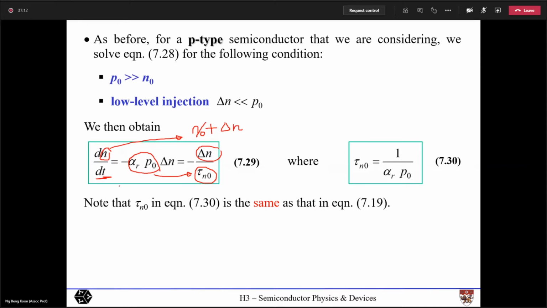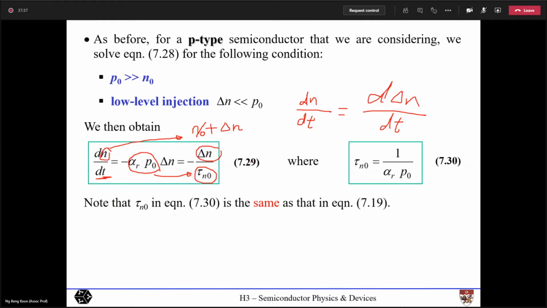In other words, dn/dt is essentially the same as d delta n/dt, because n naught is a constant that doesn't change with time. The thing that's changing is actually delta n.